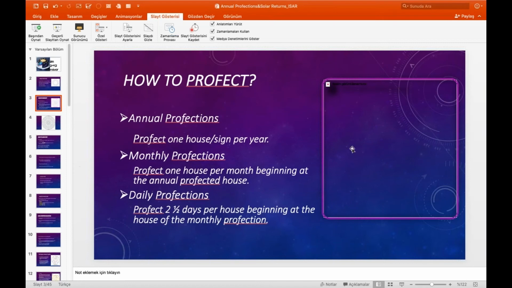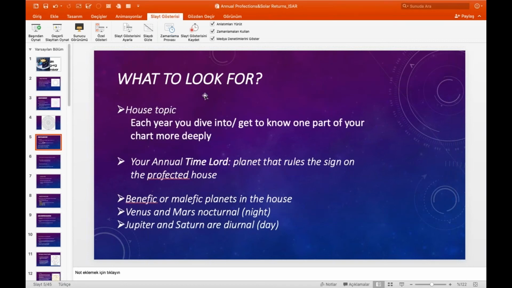First, we will see how we profect the house and our profected house lord. And let me show you. Yes, each year we dive in to get to know one part of our chart more deeply.